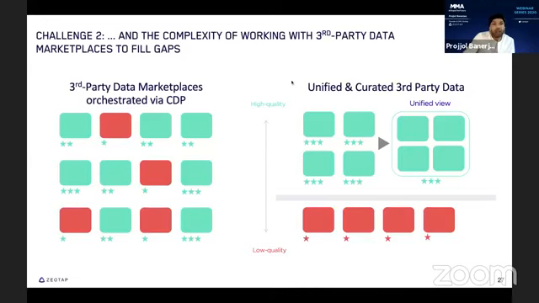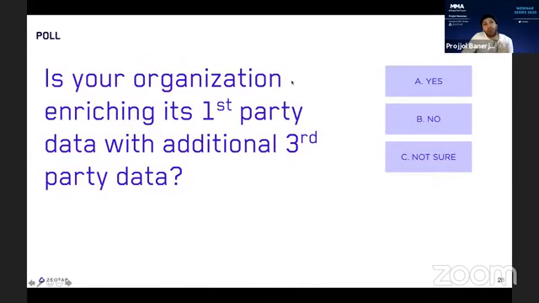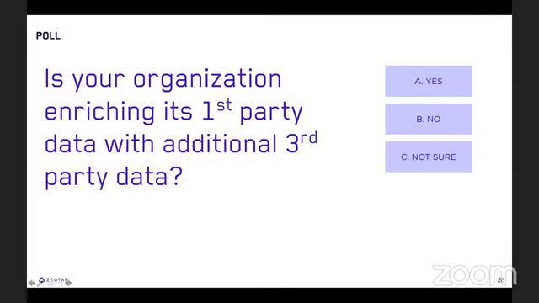So the question there is, how many of you currently work with additional third-party data, bringing data from different external providers in-house and using it to enrich your own first-party data? And maybe we can run that. Yes, so we've just launched it.